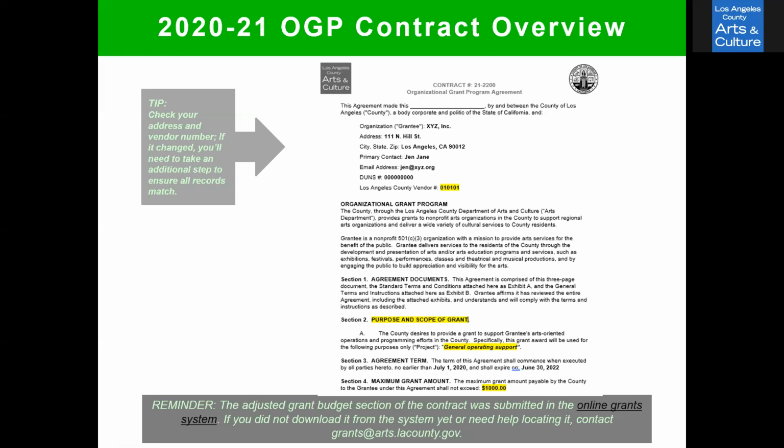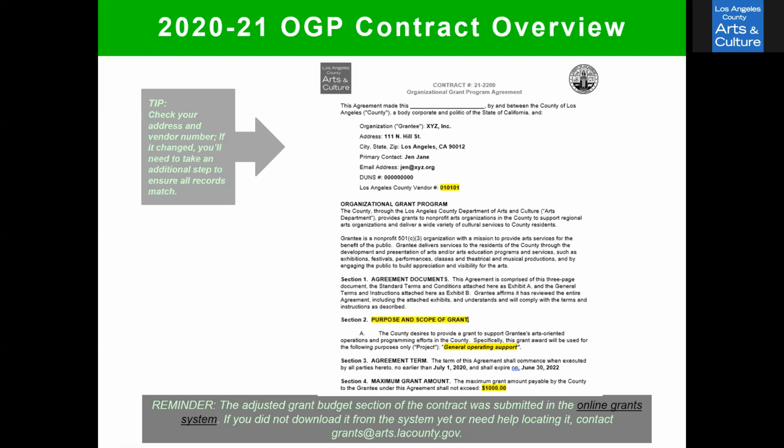And then you'll see on the first page of that contract that there is information about the grant purpose. This year, another thing that we did was we changed it, so everybody's purpose is general operating support this year. The reason we did that is because we knew there might be some changes to the way that the project was going to be laid out as a result of the pandemic.